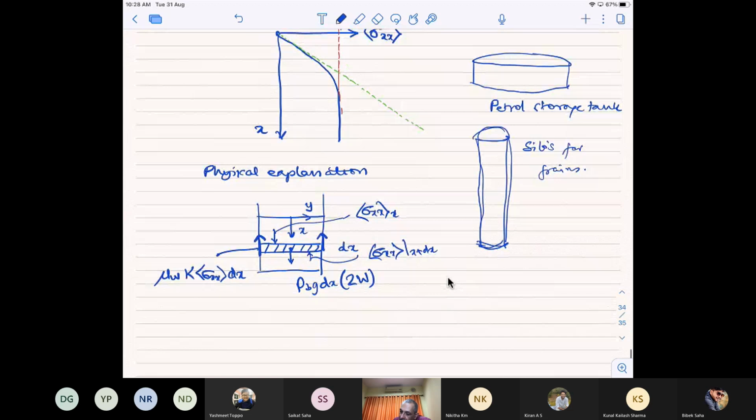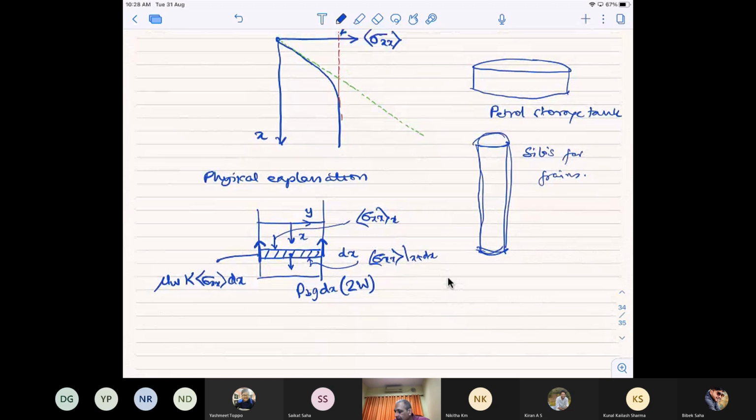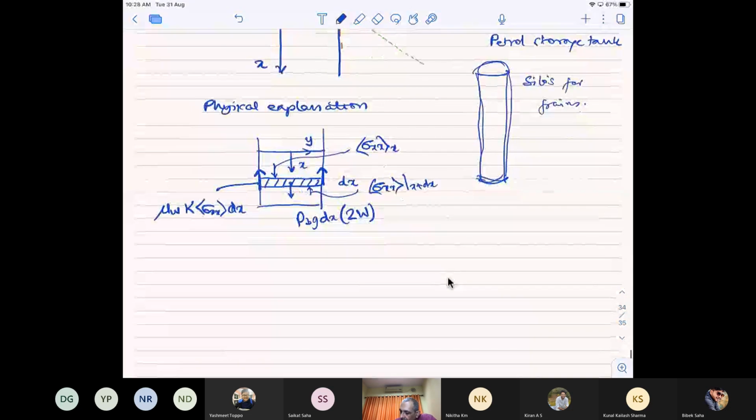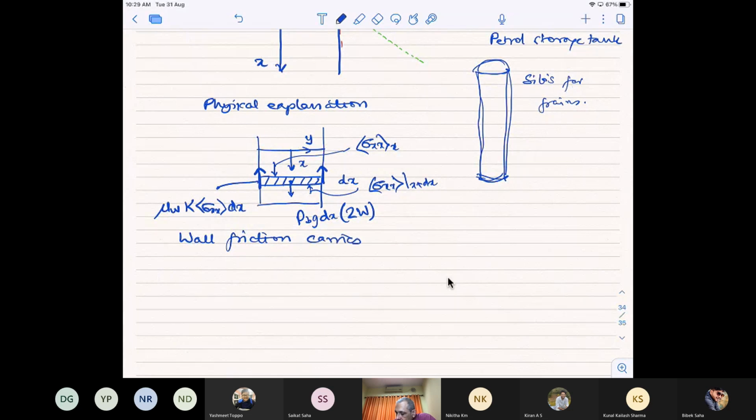As you go deeper, sigma xx increases, and then beyond a point it doesn't increase because all the additional weight is taken up by the friction. So the basic point is that wall friction holds up or carries the weight of additional particles, leading to a limiting stress.